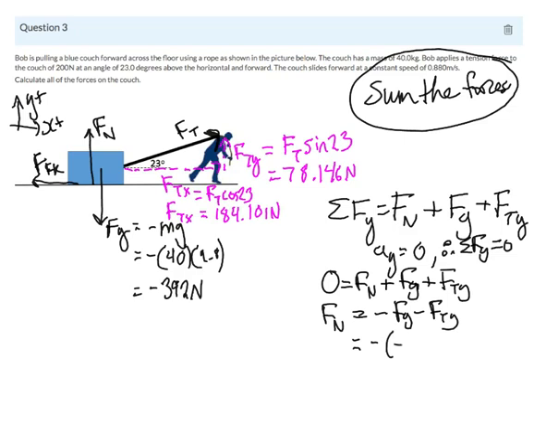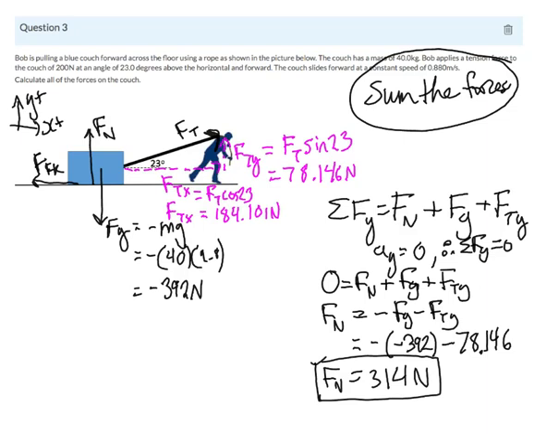So I'll have negative 392 minus 78.146. Notice the negative makes a positive, right? So positive 392 minus 78.146, and we get a normal force of 314 newtons. I'm rounding off to sig figs now because I'm basically done with that force. So that will be the normal force right there.